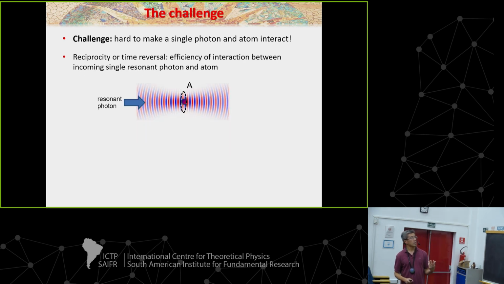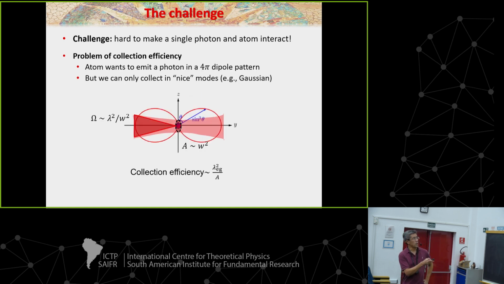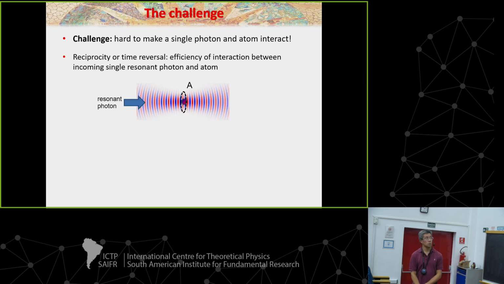So it turns out that you can also understand this problem of efficiency in a complementary way, by time reversal. If you have an excited atom and it emits outward into this Gaussian beam with some efficiency of lambda squared over A, then if you play the movie backwards, that's also a valid physical process.